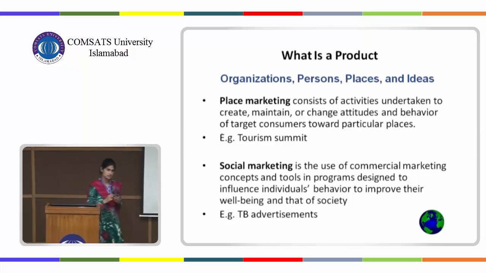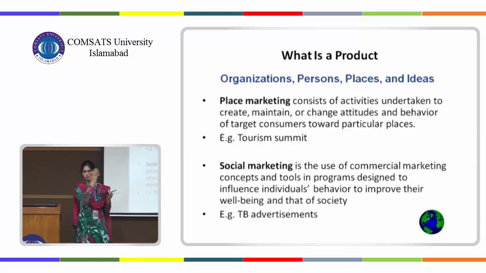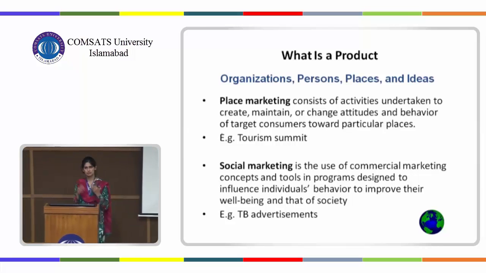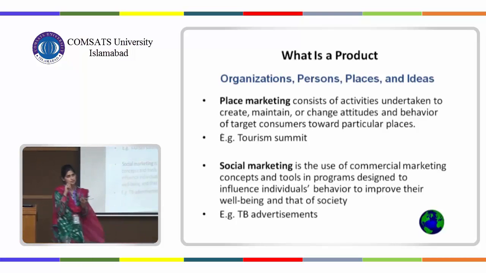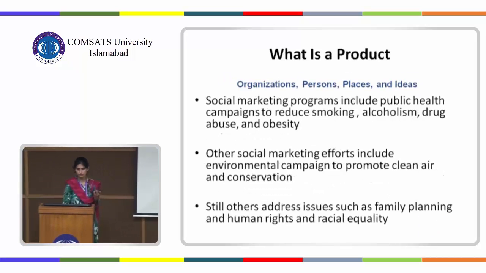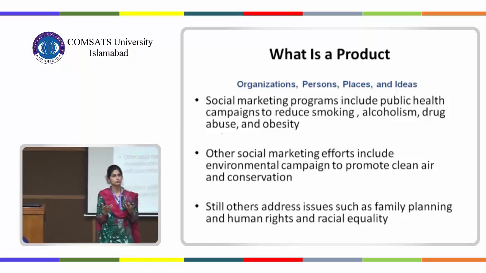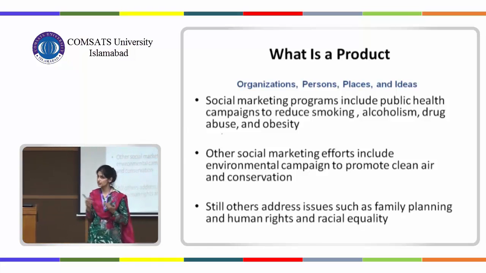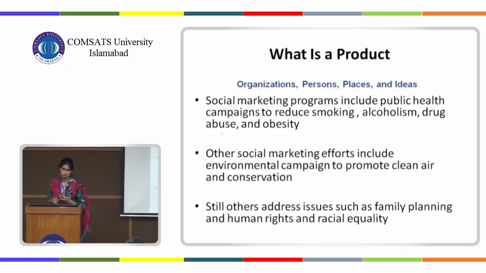Then there's social marketing. Social marketing is done for a particular social cause. These days you have TB awareness campaigns being run on television. You have family planning campaigns. You have campaigns to discourage the use of cigarettes, discourage the use of alcohol, and discourage abuse and obesity.